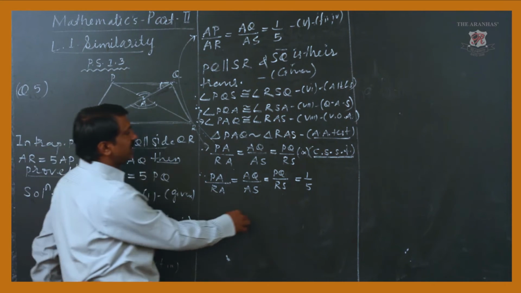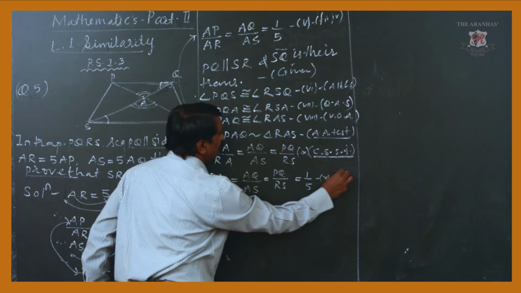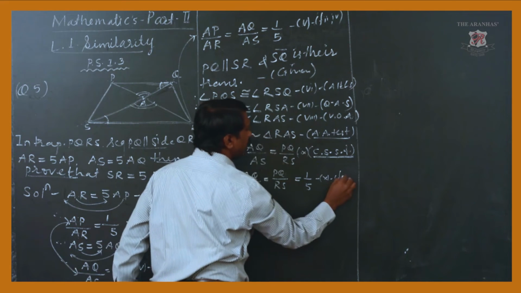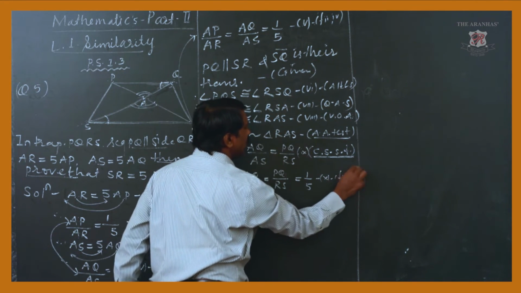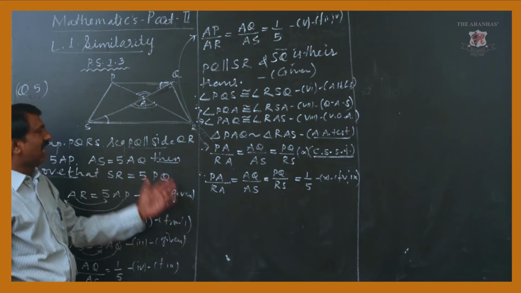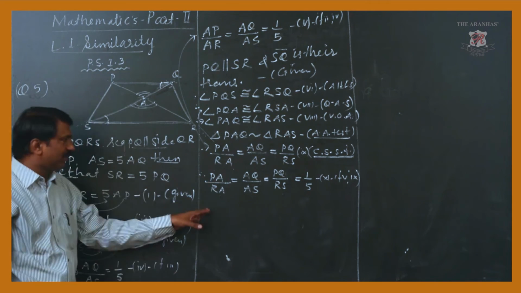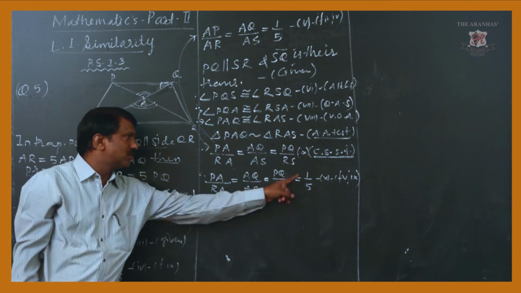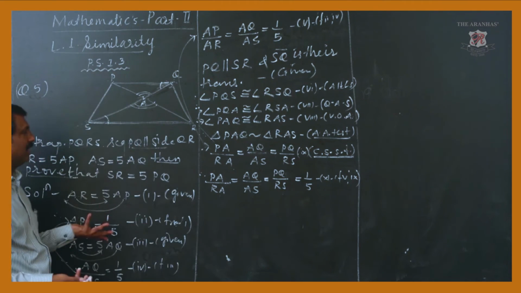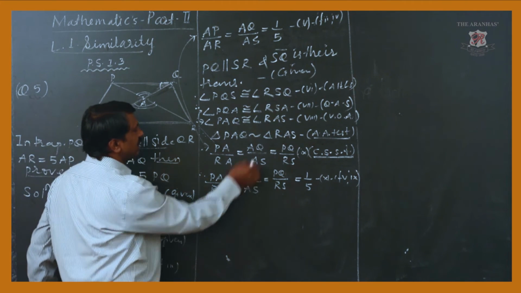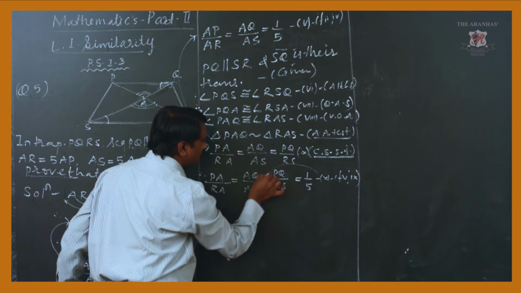For it we can write statement 10 and write the reason: from the 5th and 9th statements, all three sides are in proportion and the value is 1 upon 5.